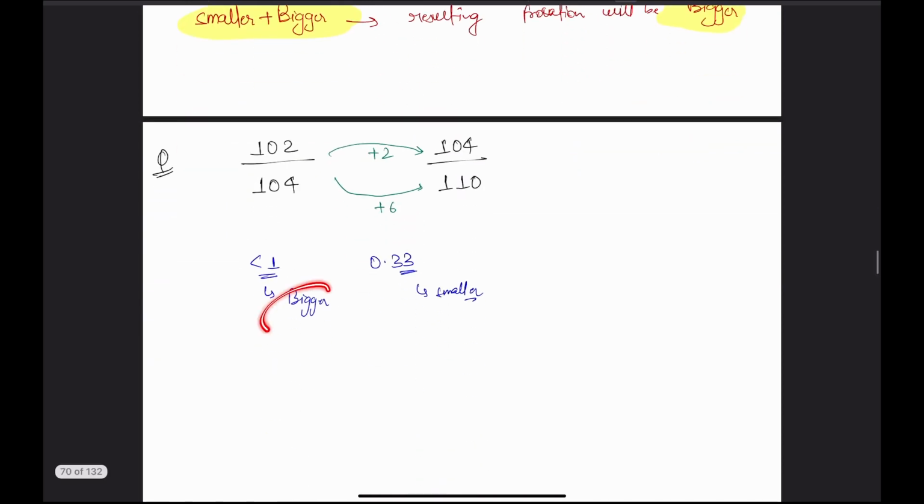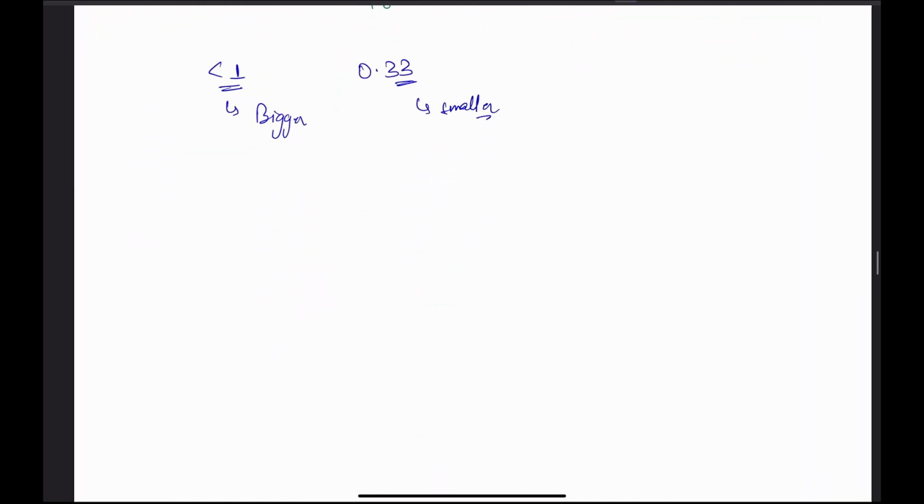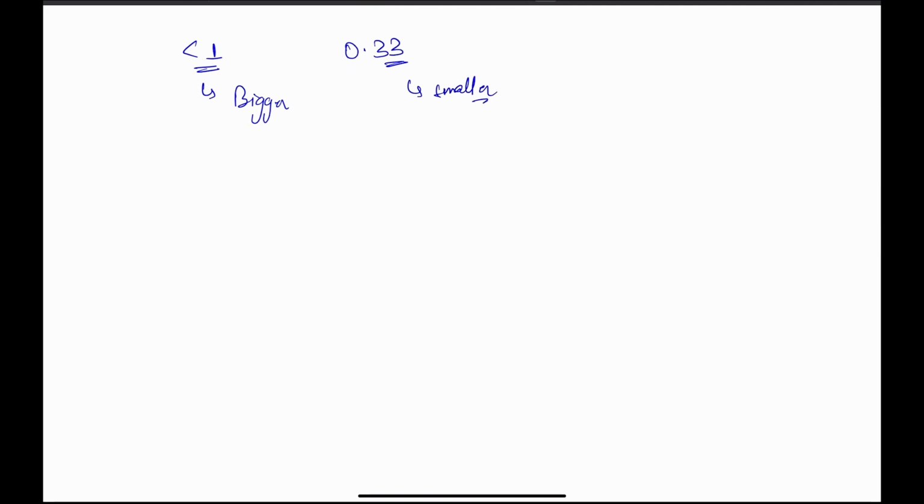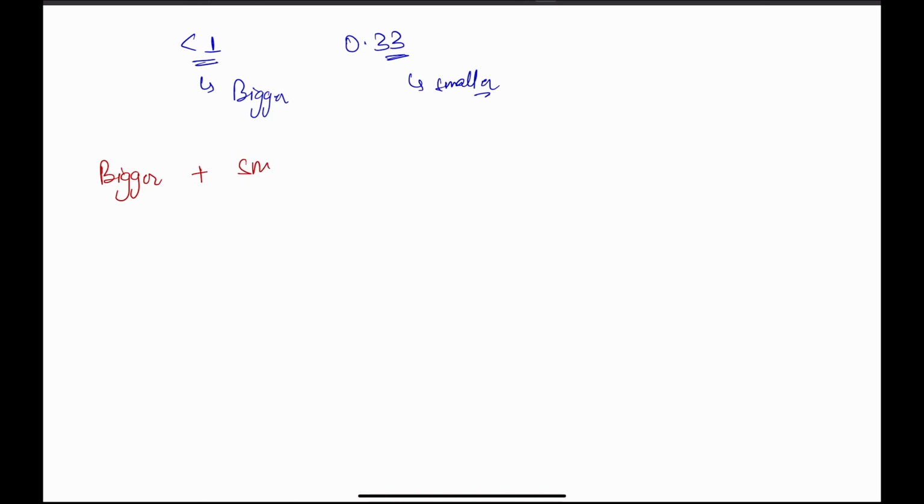And in this one, in the bigger we are adding a smaller number. So what is going to happen? If in a bigger number we are adding a smaller number, the resulting fraction would be smaller. So this is the gist.